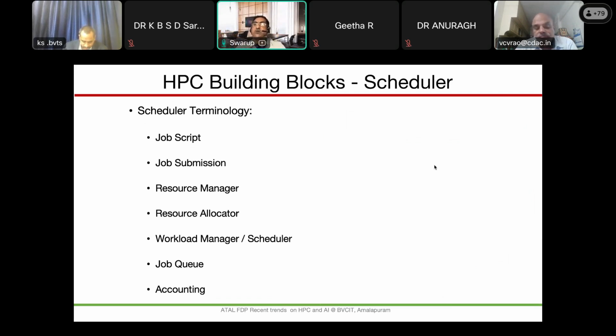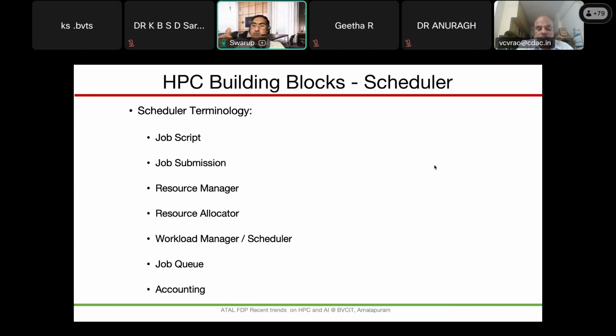All these are resources. Storage is a resource, memory is a resource, CPU is a resource, and GPU is a resource. And the most important thing is that time is a resource. What is the time my particular job is going to run?